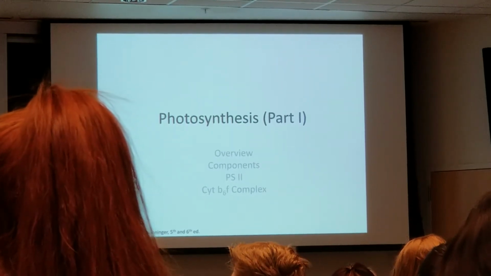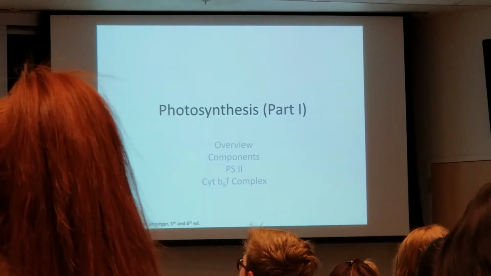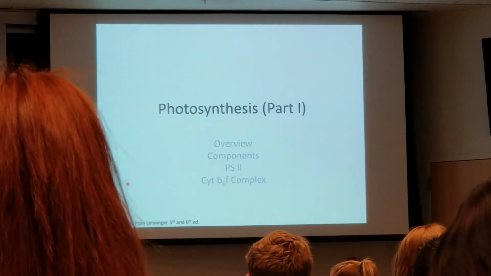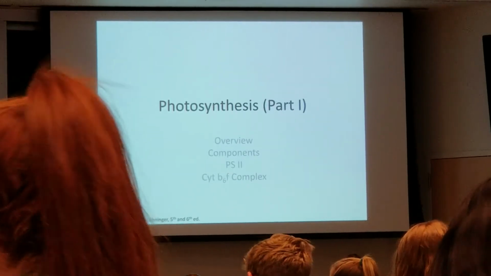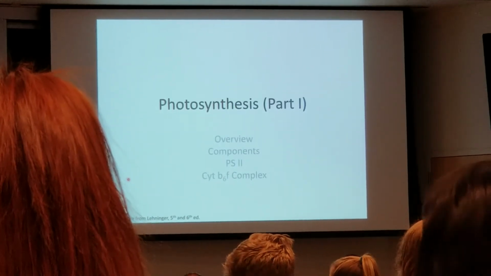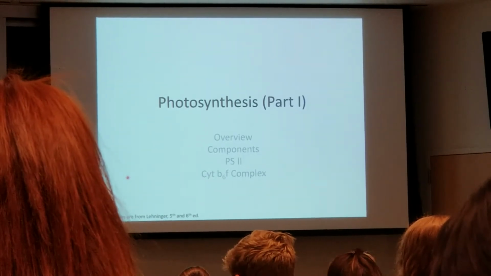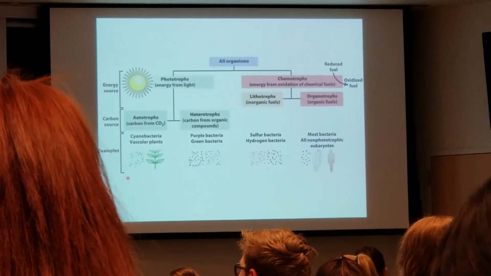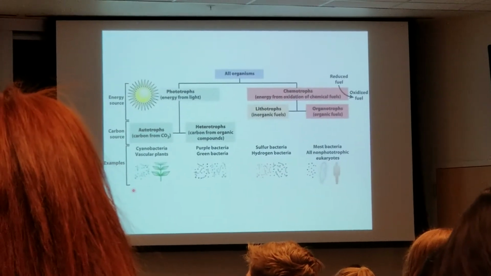Remember complex 3 was the thing that had you put your hands together to form 2 caverns, and it uses the Q cycle. This thing, called cytochrome B6F, has the same 2 caverns and the risky iron sulfur proteins going up and down. They're just called this.